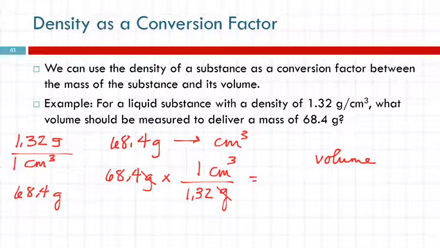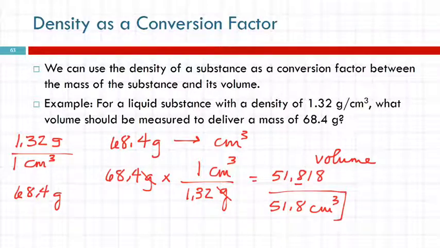So I have 68.4 divided by 1.32. How many sig figs? 3. So 51.8, write down 2 extras, round to 3, 51.8 cubic centimeters.